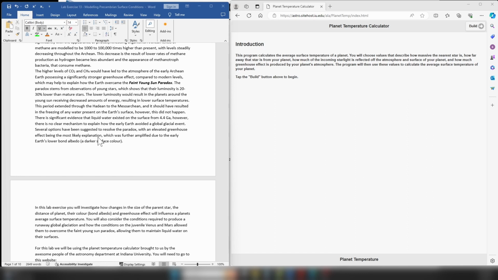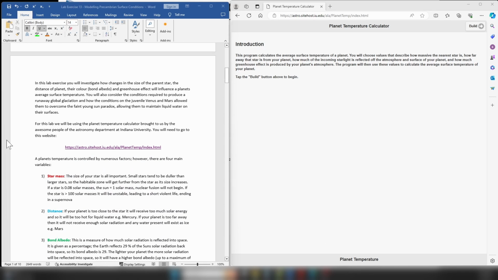Okay, so what are we going to be doing? Now, in this lab, we are going to be calculating and investigating how changing the parameters for the Earth affects the surface temperature.